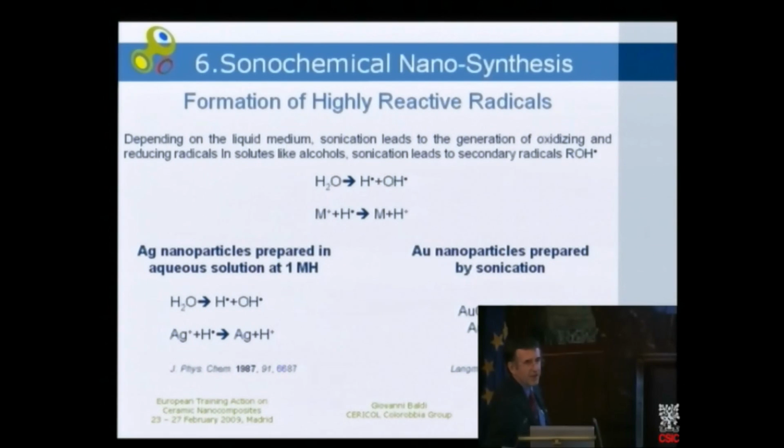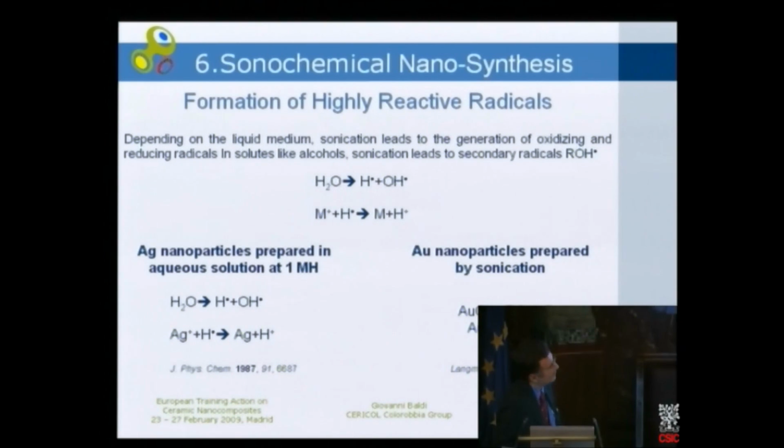Also, it's possible to prepare gold nanoparticles by dispersing gold precursors, like, for example, gold tetrachloride, in a solvent, in alcohol, in order to obtain metal gold nanoparticles, then side products.